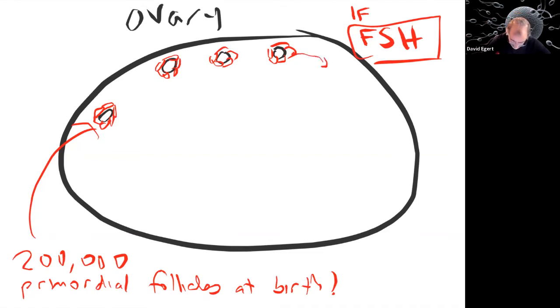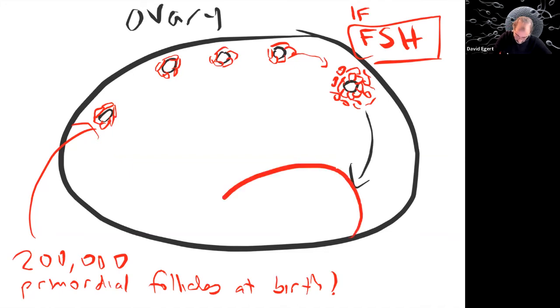And again, for this class, we don't need to really get into the details. But those little follicular cells start getting more complicated. They're called granulosa cells now. And then it gets even more complicated, and these fluid-filled spaces start developing in there until you get ultimately, I'm going to just draw the final step.